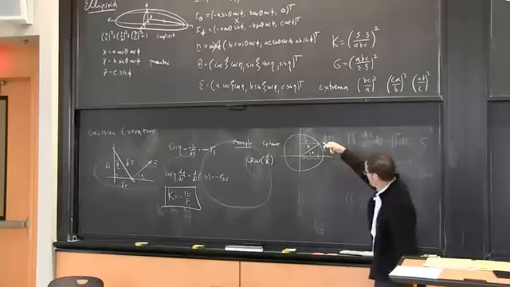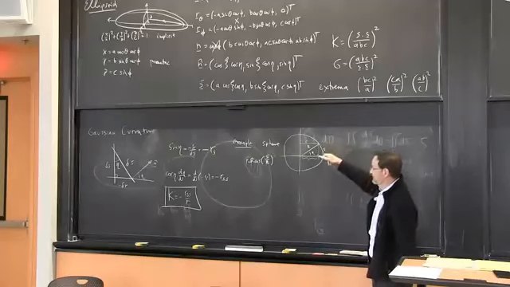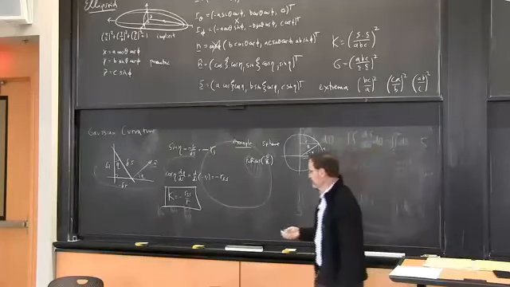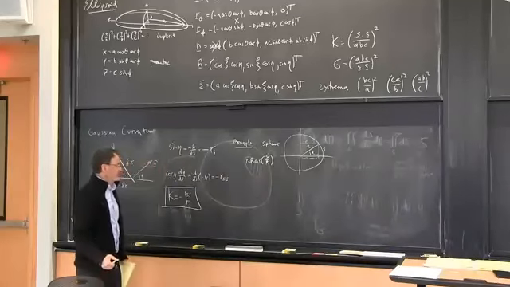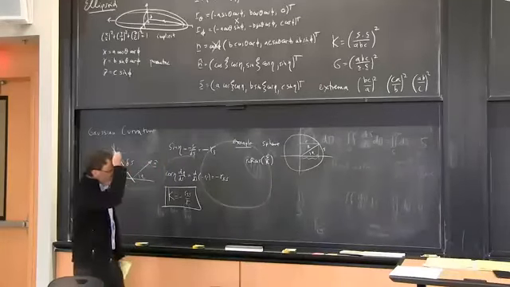And that angle, of course, is just the arc length divided by the radius, our usual formula for defining angles in radians. Okay, so that's r.